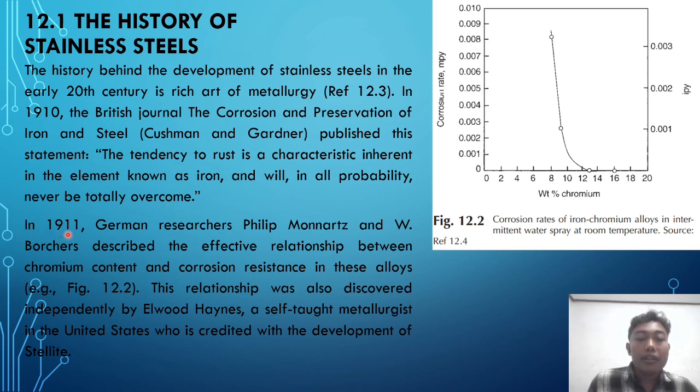In 1911, German researchers Philipp Monnartz and W. Borchers described the relationship between chromium content and corrosion resistance in these alloys, like Picture 12.2.